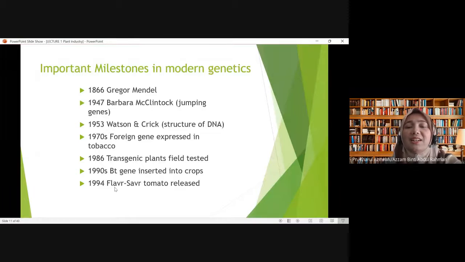So this is the name of the tomato that came out, how the tomato was genetically developed. So we have the Bt gene inserted into crops. So this is just like a history of how modern genetics developed ya, macam mana dia berkembang.